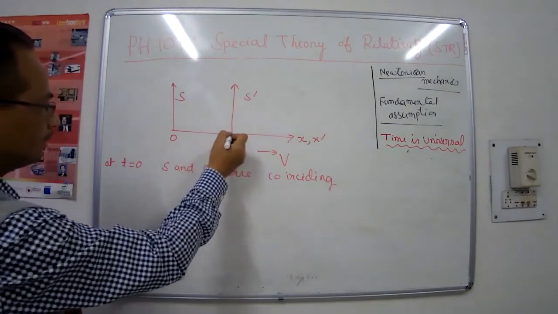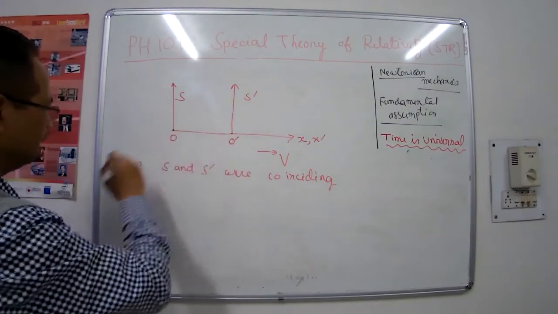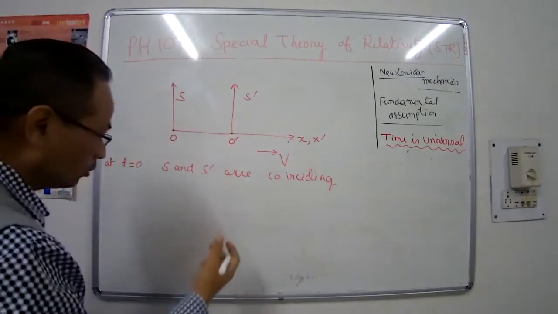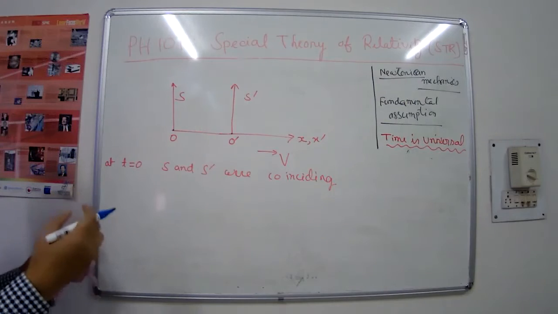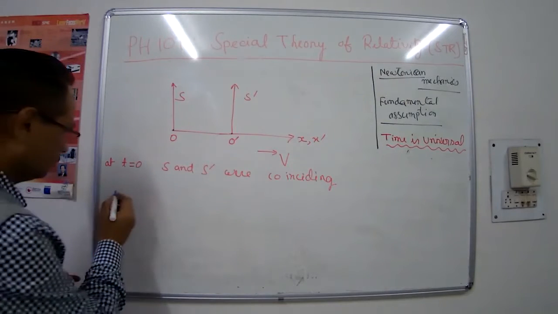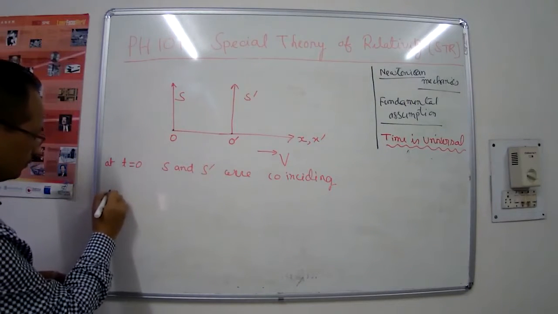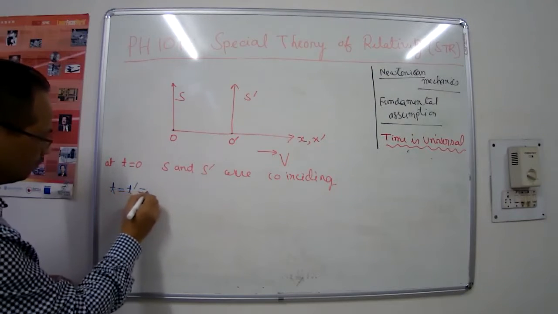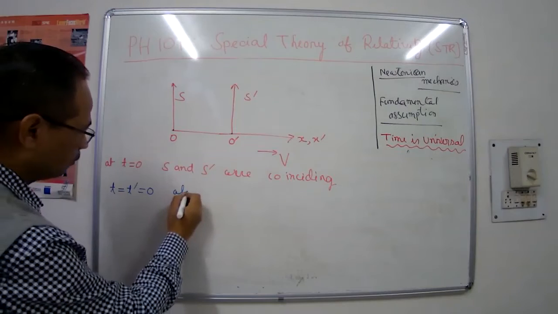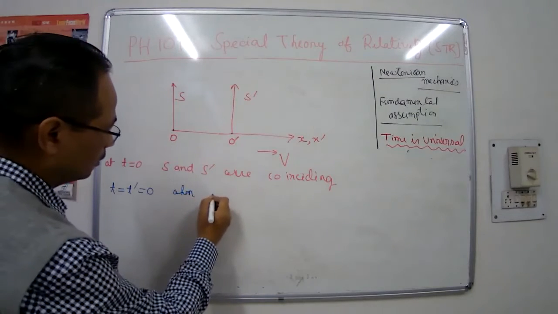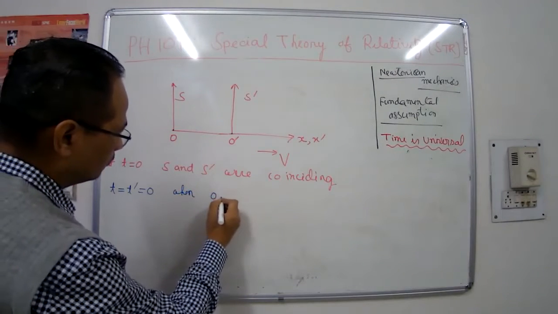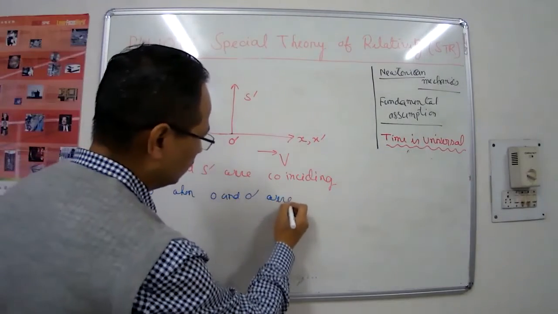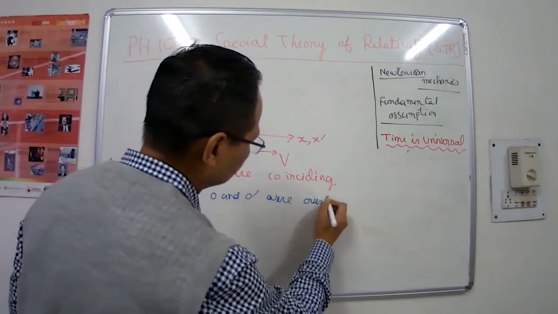They both had their own clock, and these clocks were synchronized at t equal to 0. So we have t prime equal to 0 when O and O prime were overlapped.